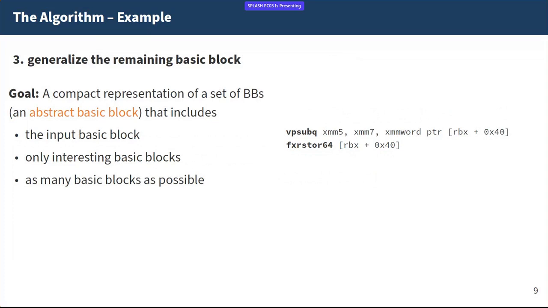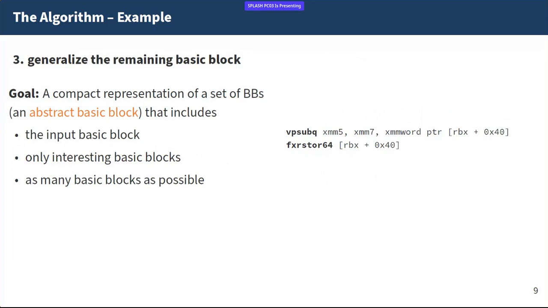So the resulting pruned basic block is then the input to really the core of the AnICA approach that we present here. Here we generalize this basic block in a way that we get a representation of a set of basic blocks. We call it an abstract basic block.